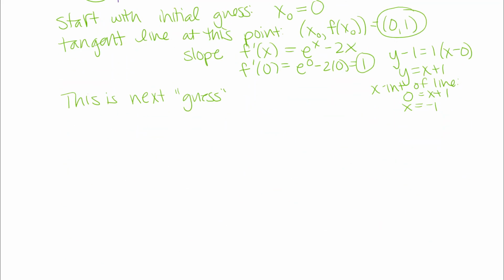So in general, you're going to find an x value. So here I'm going to say we're going to start with some value xn. And the next guess would come from writing the equation of the tangent line at that point, xn comma f of xn, with slope f prime of xn.